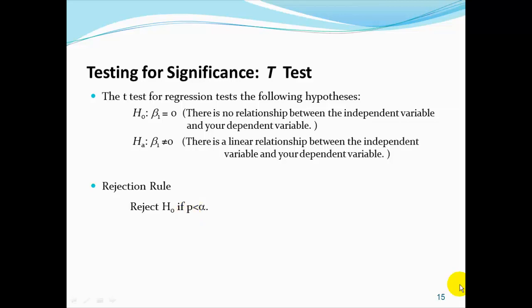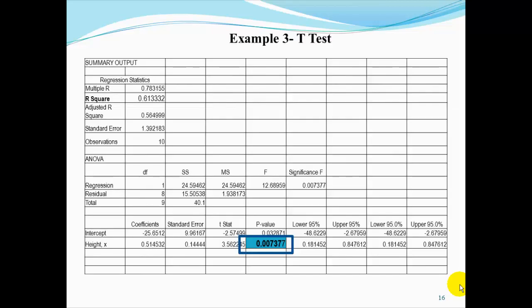In Microsoft Excel, your independent variable will have a p-value for this t-test. Going back to our spreadsheet, in the same row as our independent variable, we have the p-value. In this case, our p-value is 0.007377.